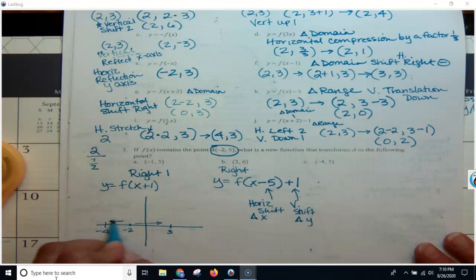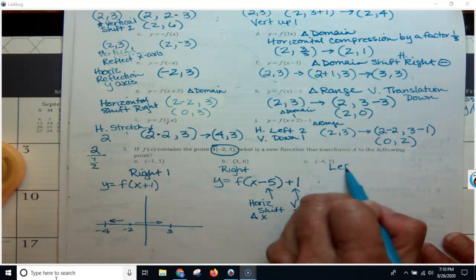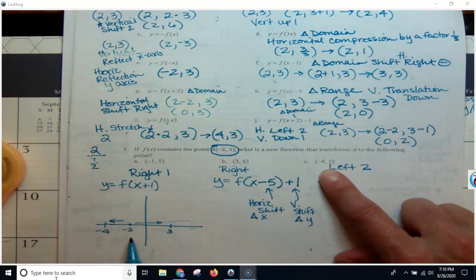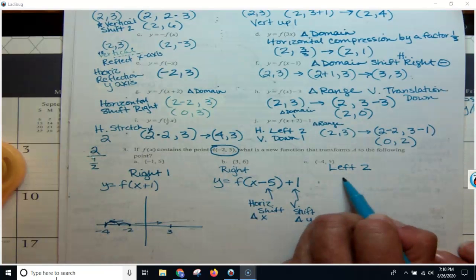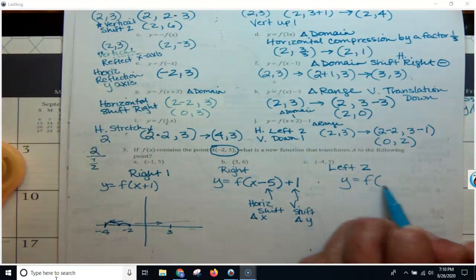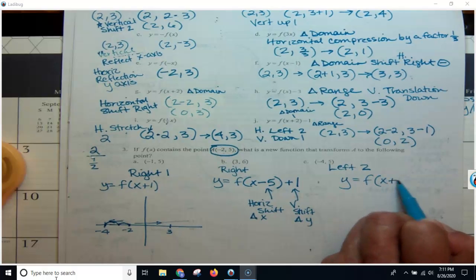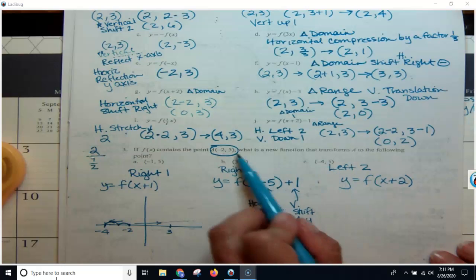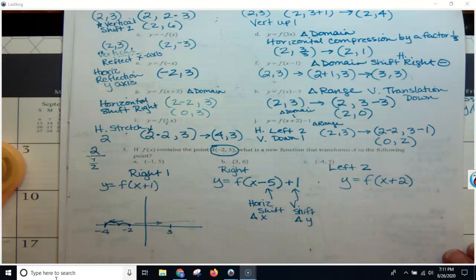So that's actually moving to the left by 2. Because to go from -2 to -4, that's going 1, 2. So in order to change that, I'm going to add 2, and the 5 stays the same. So no change to the range.